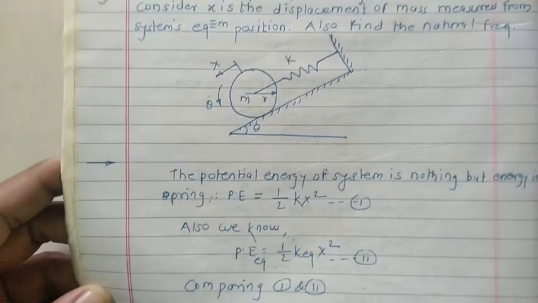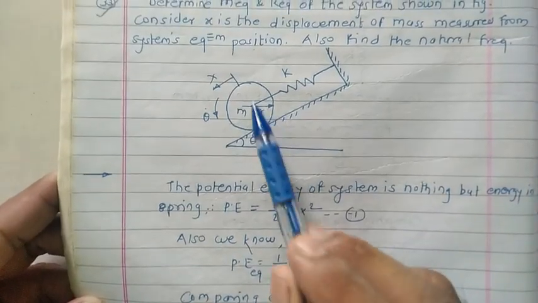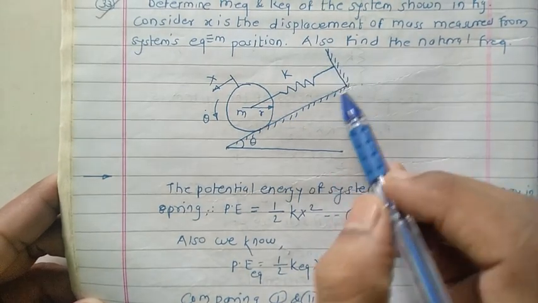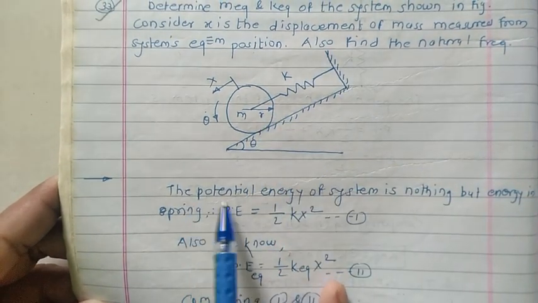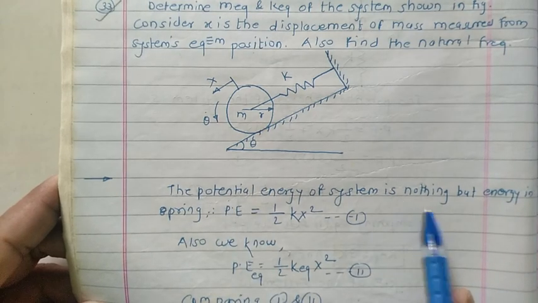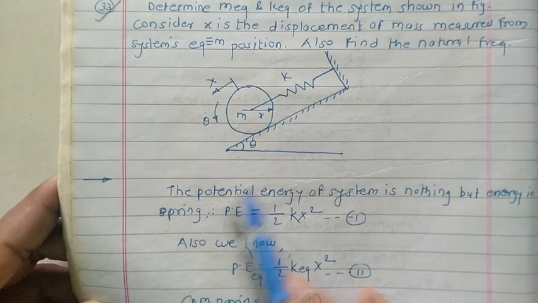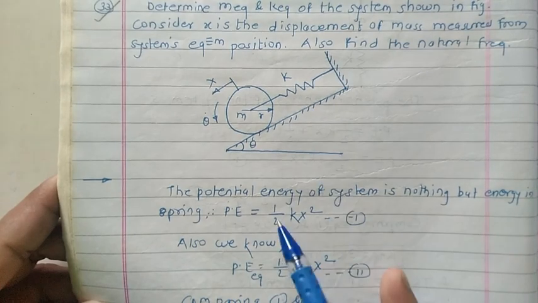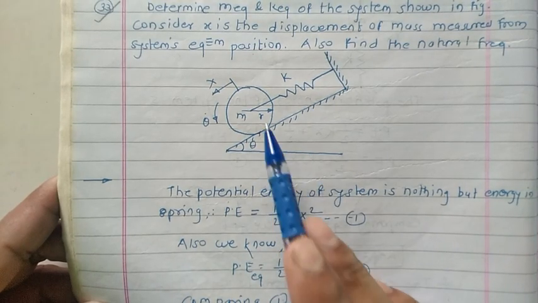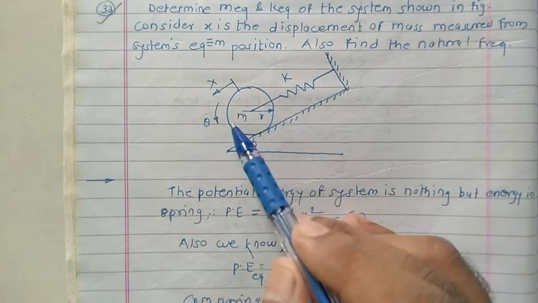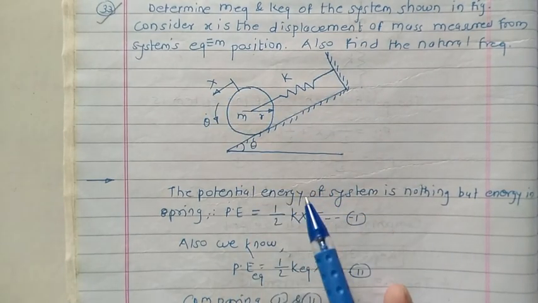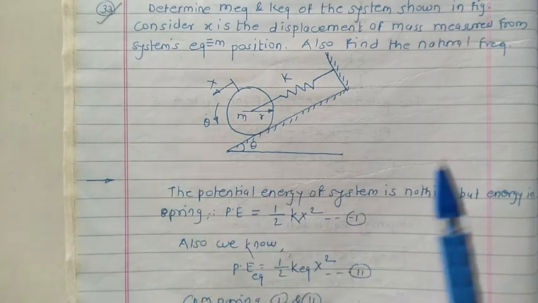So here see the system is given like this, the system is resting on an inclined plane. So the potential energy of the system is nothing but the energy possessed by this spring. So what about this one? 1/2 K into x square. So x is nothing but the linear displacement for this spring, or linear displacement for this mass.